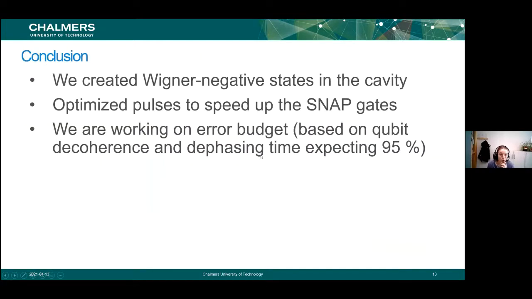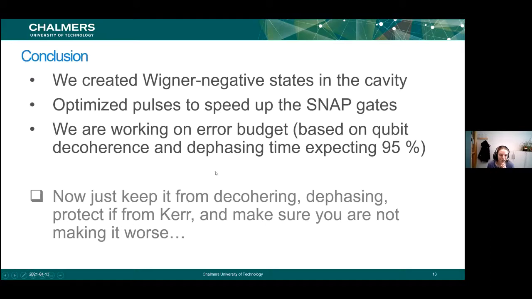So to conclude, we managed to create these Wigner-negative states, and we used these optimized pulses to speed up the SNAP gates. And this error budget is still a bit of work in progress, and 95 is maybe some good target for now.